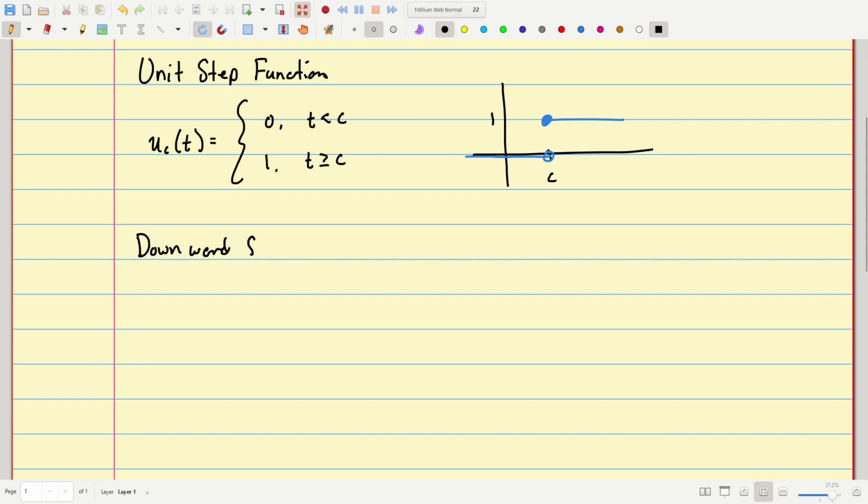It's also possible for us to talk about a downward step, in which case we would want the function to start out at 1 and be 0 for values beyond.